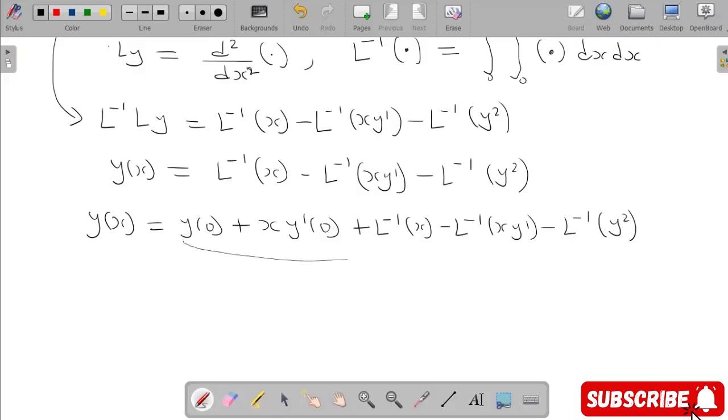All these three make up our zeroth term, while the remaining two terms become the recursive relation.